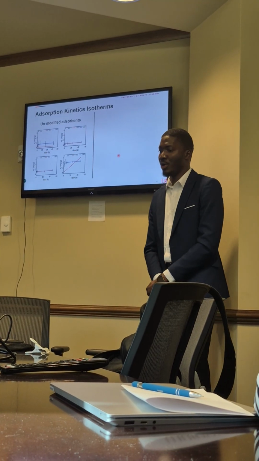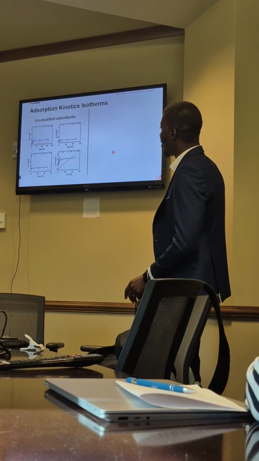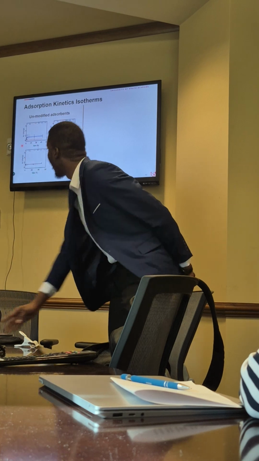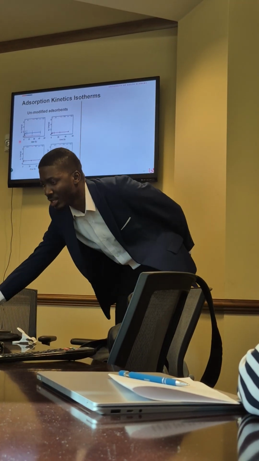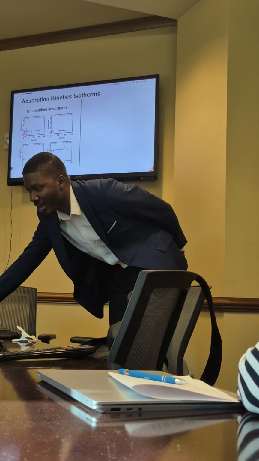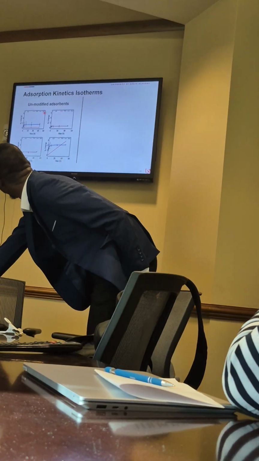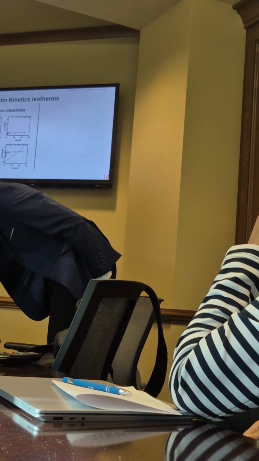So for our results, as we can see for our unmodified adsorbents, we have time in hours on our x-axis, and capacity with time on our y-axis. Starting with the biochar, we have our data points classified by the black dots. The red line is the PFO, and the blue line is the PSO.